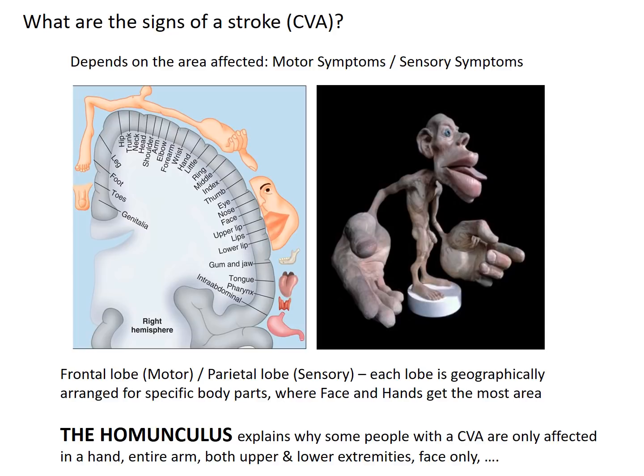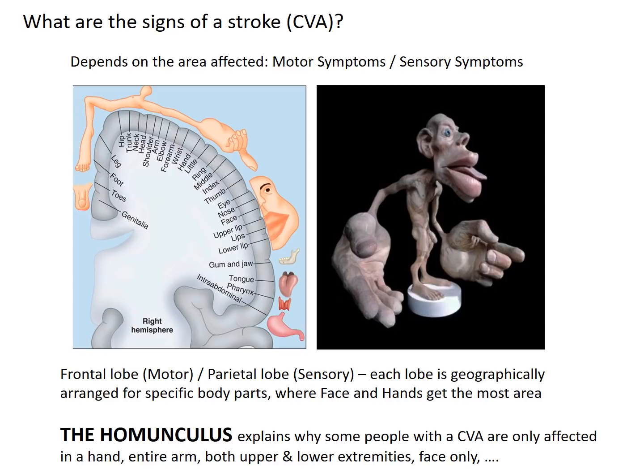If you look at the motor cortex in the frontal lobe or the sensory cortex in the parietal lobe, you can see that genitalia, feet, legs are more medial. Arms, hands, and face are out more lateral. Okay? See what I mean?